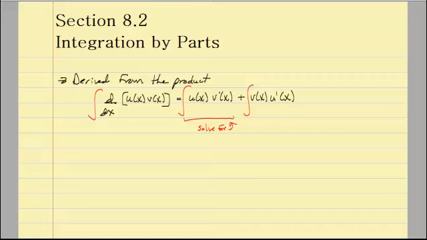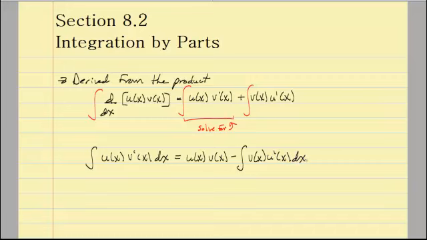So in solving for that integral, we end up with the integral of u of x v prime of x dx is equal to the integral of the derivative, which here will just be the functions multiplied together. Okay, and then we'd subtract this over. Okay, and so this is the integration by parts formula.